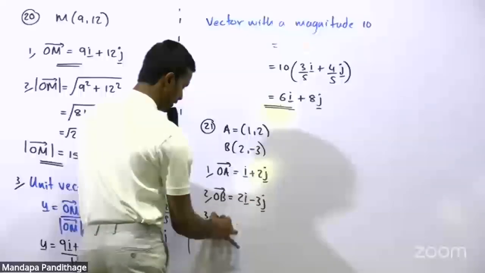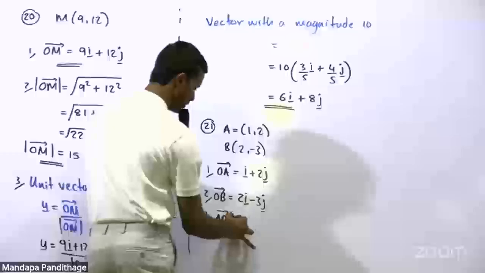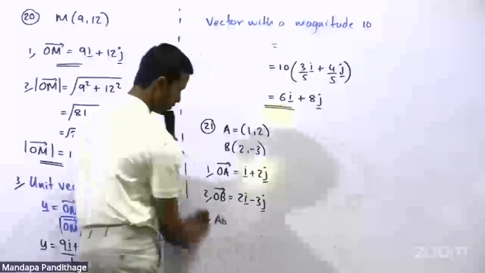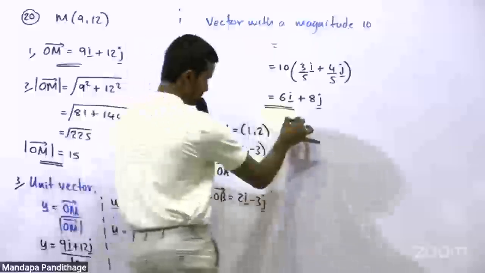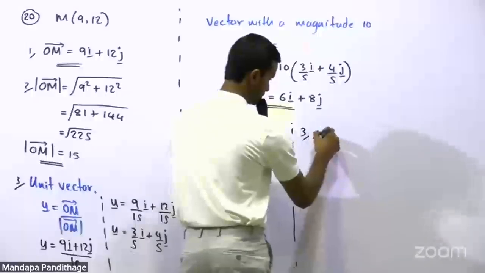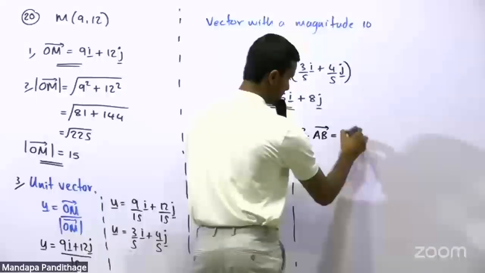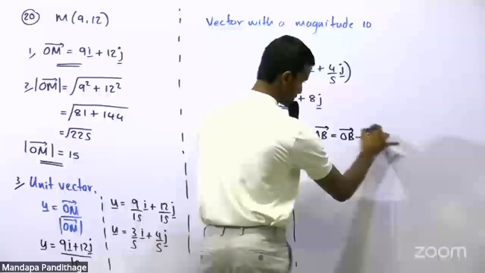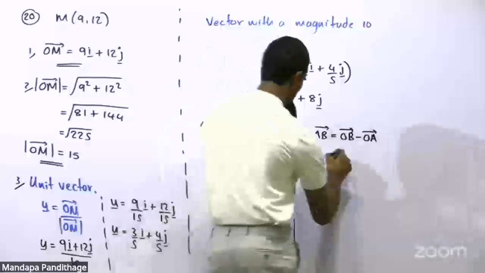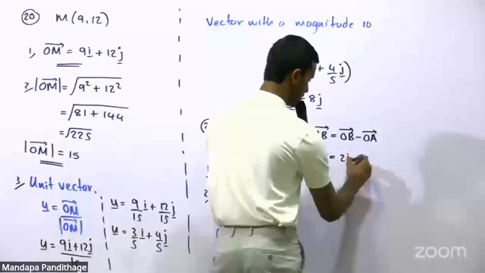And then AB, how can we write vector AB using the addition of position vectors what we have learned before? So vector AB is equal to OB minus OA. OB is 2i minus 3j.